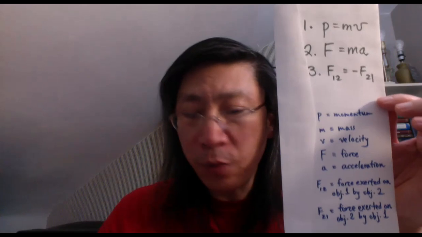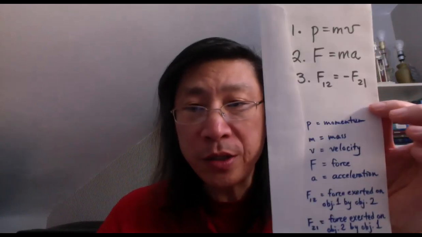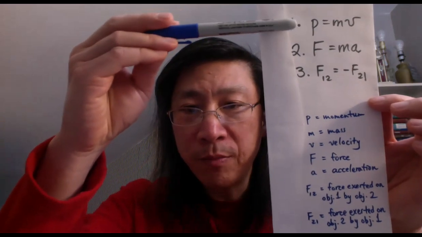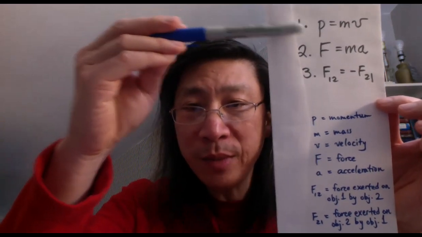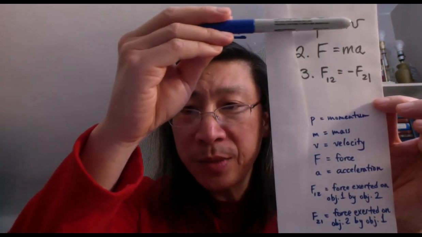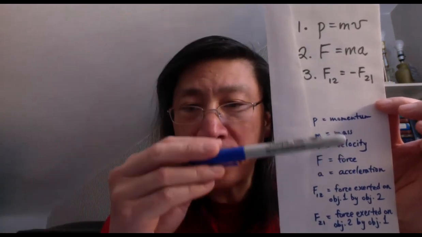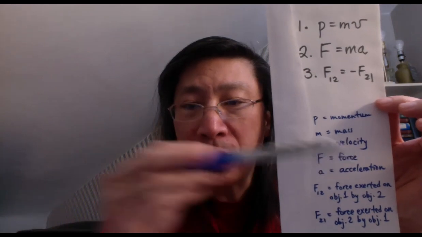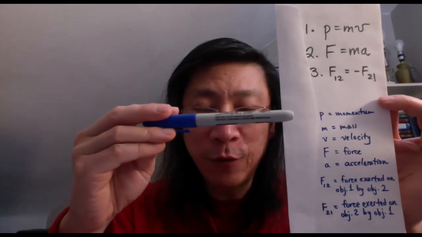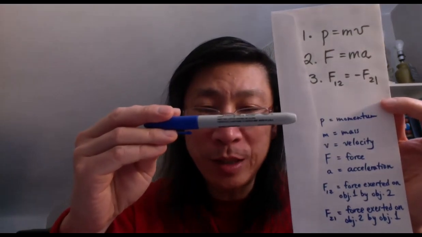So if I were to say these equations in English, equation 1: the momentum of an object is equal to its mass times its velocity. Here, momentum, mass, velocity. Most of you have heard of these words before, momentum, possibly in a football game or a baseball game. Oh, the momentum has shifted.